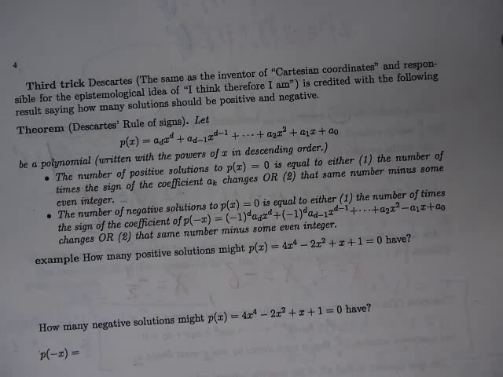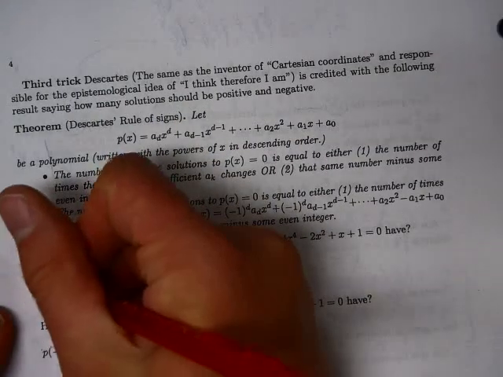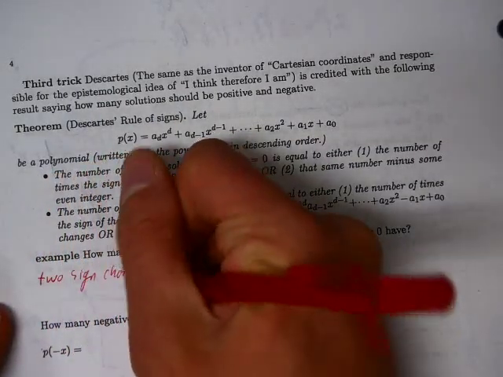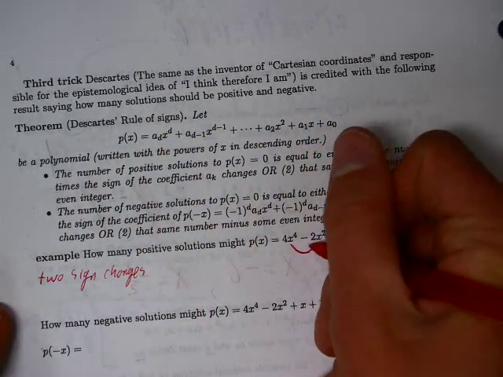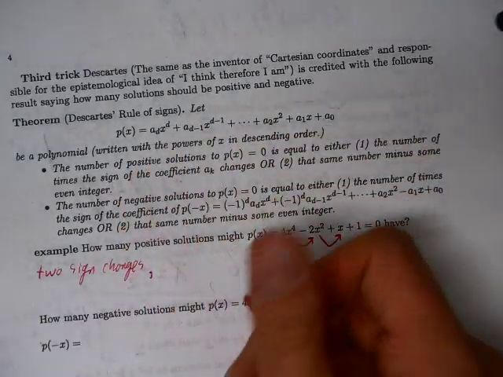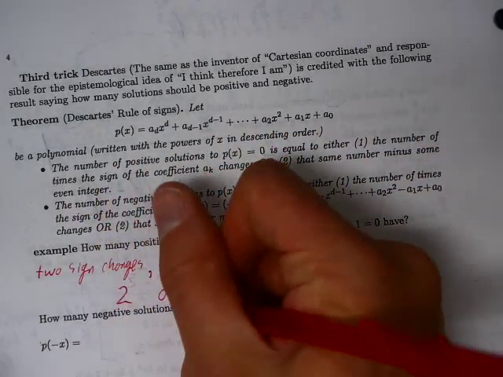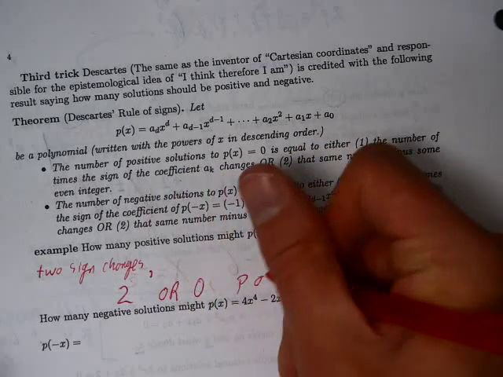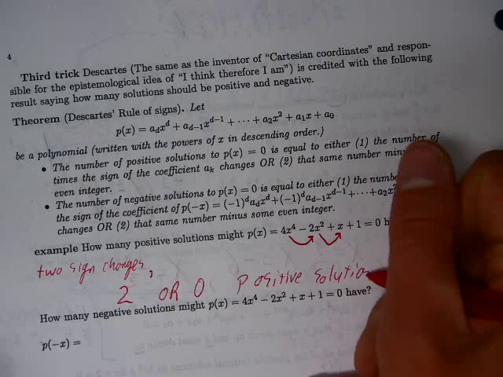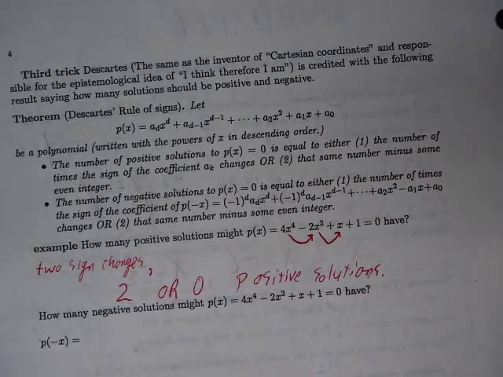So how many sign changes were there? 2 sign changes, namely that one and that one. So that tells me there will be 2 or 0 positive solutions. That's all Descartes' law of signs says.